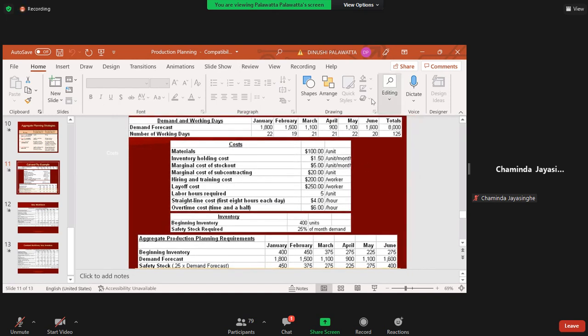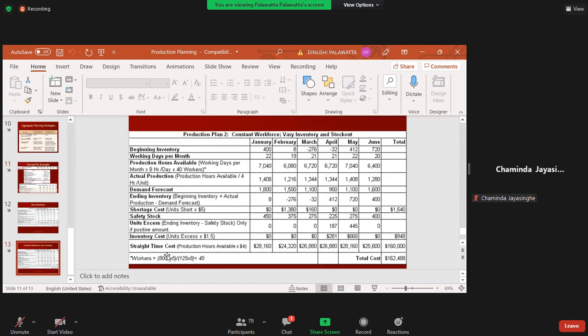Forecast demand is 8,000, so the total demand is 8,000 multiplied by 5. Then you have 40,000 production hours required, and divide that by 125, the total number of working days, multiply by 8. When you do this calculation, you get 40.